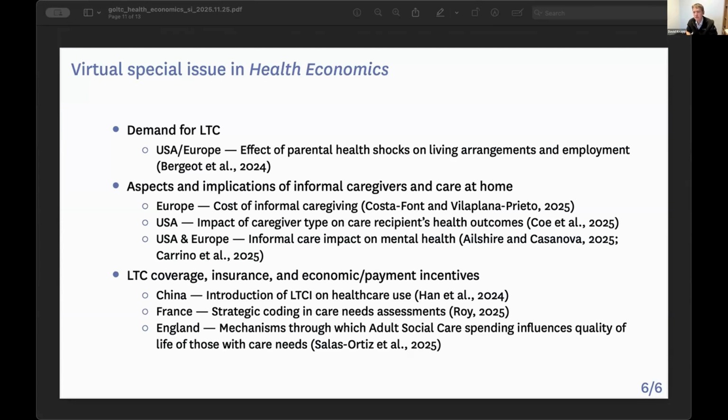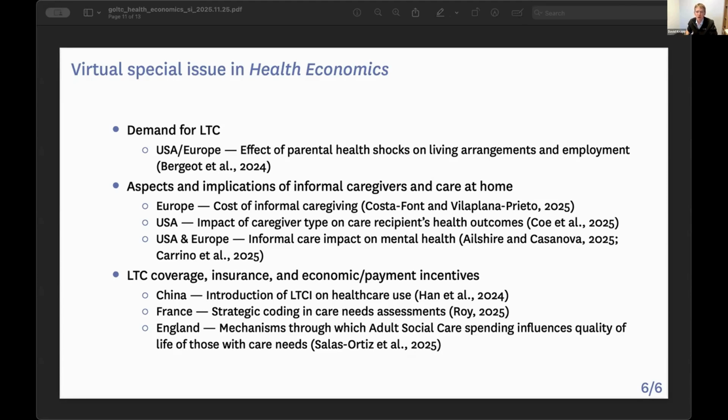In France, Delphine, who will present today, looked at the role of strategic coding in care needs assessments and the consequences for who actually gets access to care. So another fascinating paper, really focused on the importance of care needs assessments in determining care access. I'll leave it to her to describe her paper a bit more.